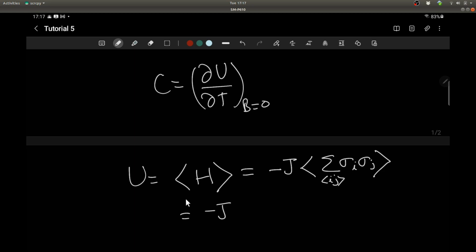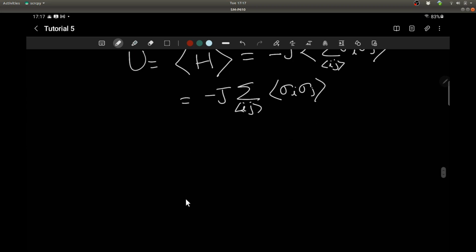I think we did this in class. In the mean field approach, the product, until this point it's exact, but now we'll make some approximation.